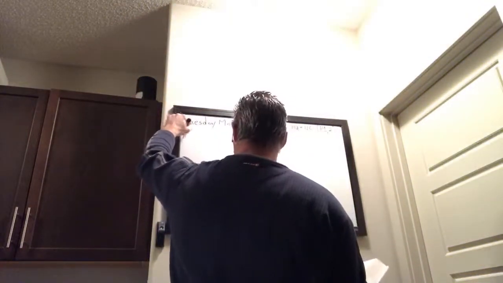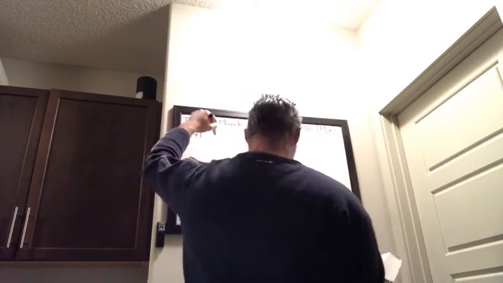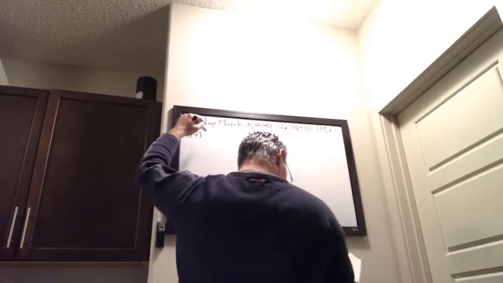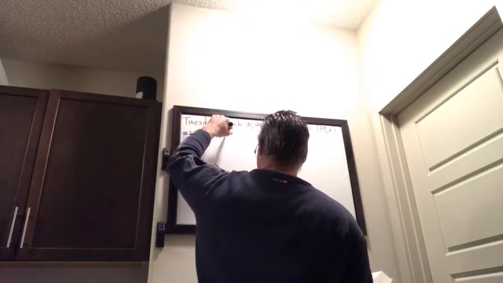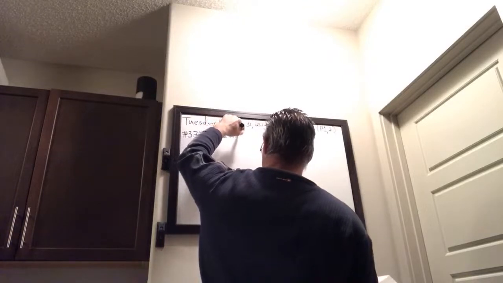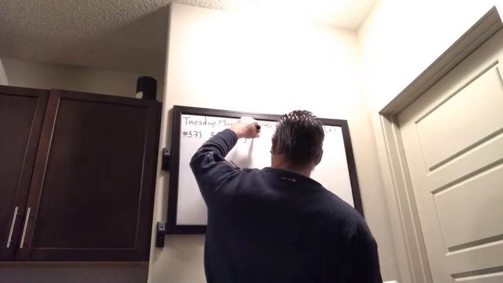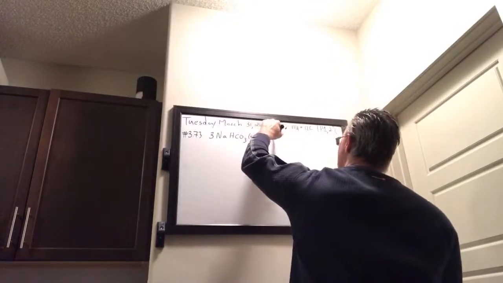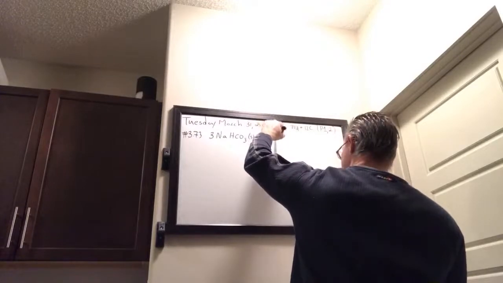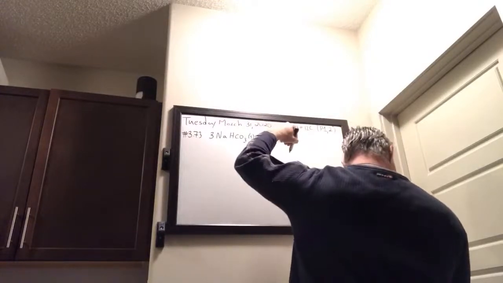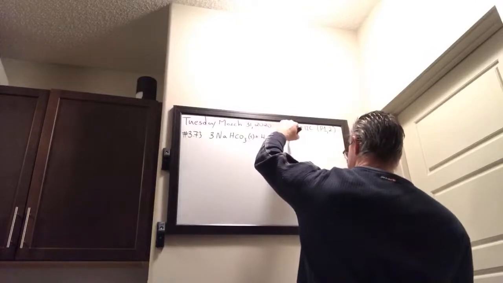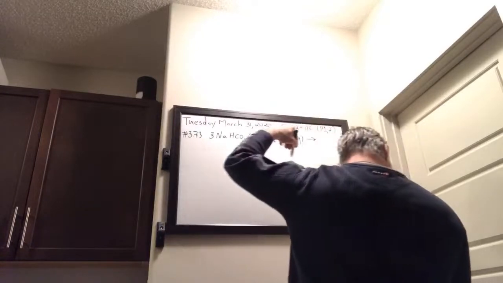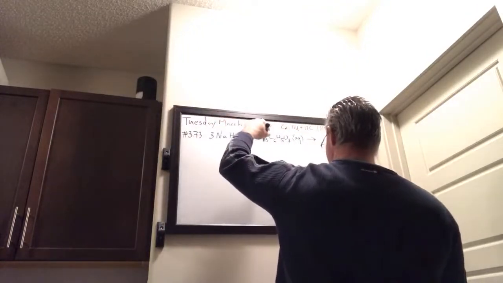This is problem number 373. We have 3 sodium bicarbonates reacting with citric acid, which has the formula H3C6H5O7, also aqueous. And the products are as follows: 3 CO2.